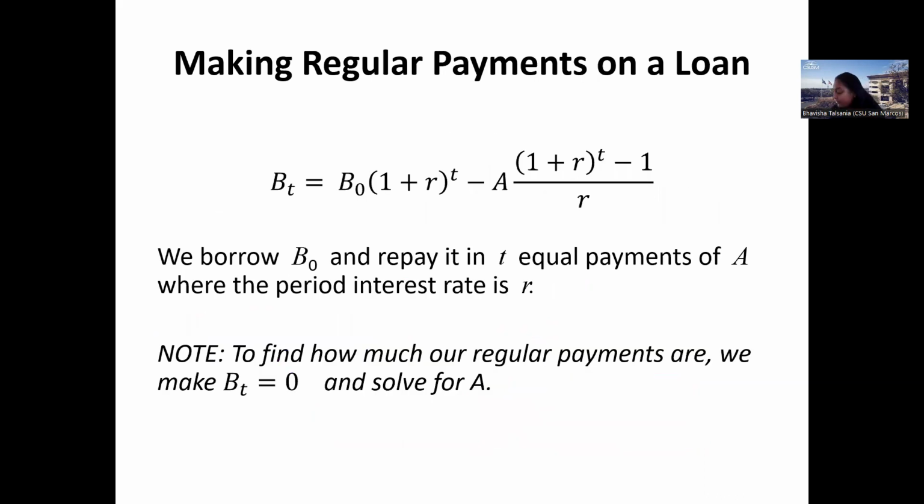So again, we borrow B sub 0. That's our principal that we borrow, and it's repaid in T years, in T time, in equal payments of A. So we're paying installment payments of A, where the period interest rate is R. To find out how much our regular payments are, we need to make the ending balance, the last thing, B sub T, equal to 0 and solve for A. So if it was 5 years, it would be B sub 5.